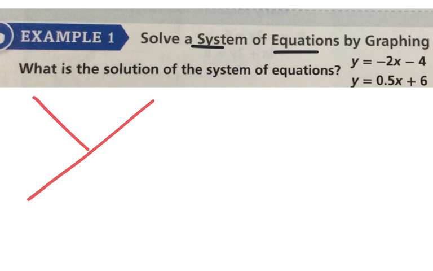That's one option. They could be parallel. That's another option. One more option.